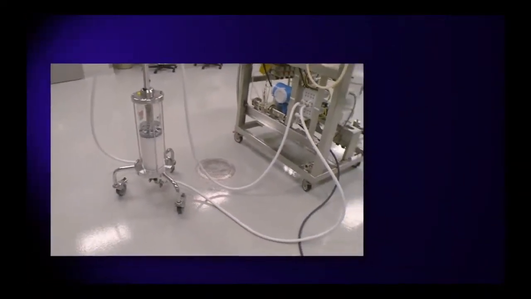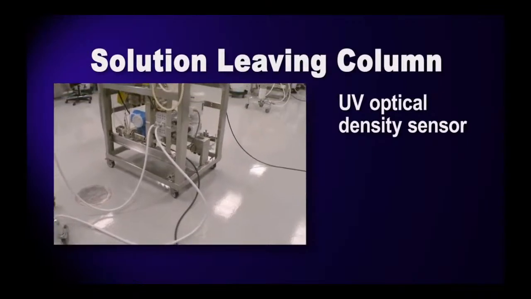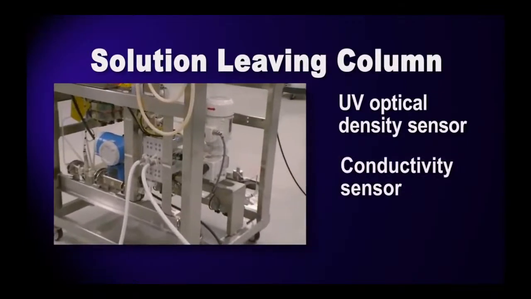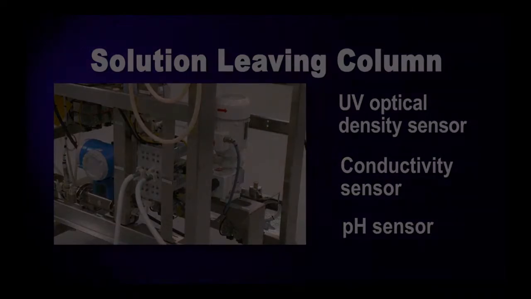As a solution leaves the column, it passes a UV sensor that reads optical density, a second conductivity sensor, and a pH sensor that measures how acidic or basic the solution is.